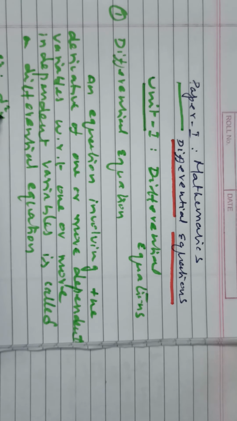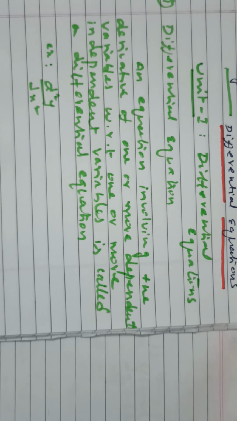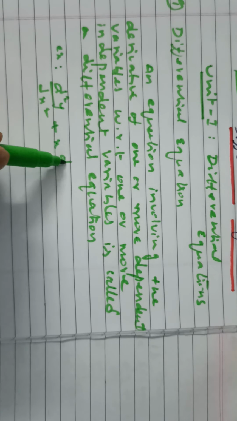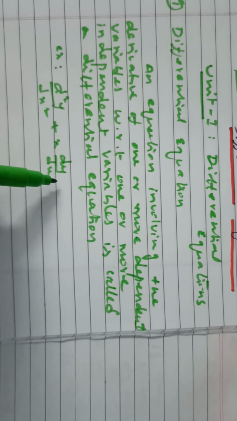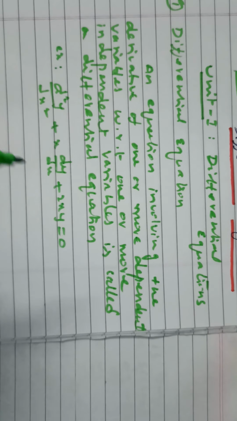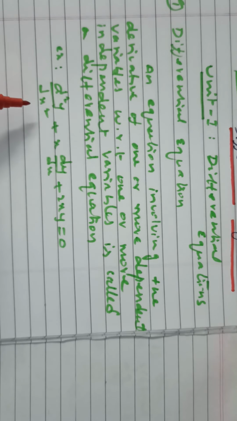d²y/dx² plus x dy/dx plus 2xy is equal to 0. So this differential equation has only one independent variable.